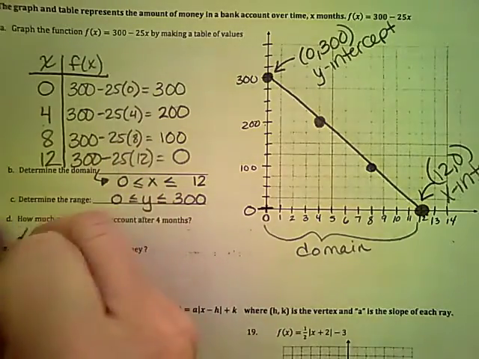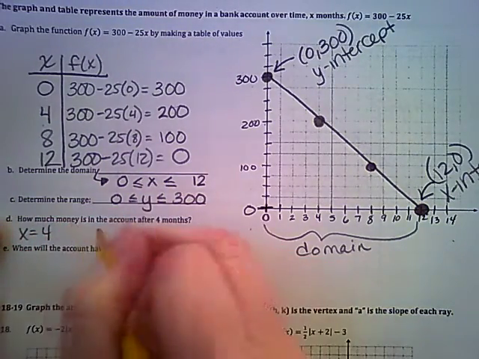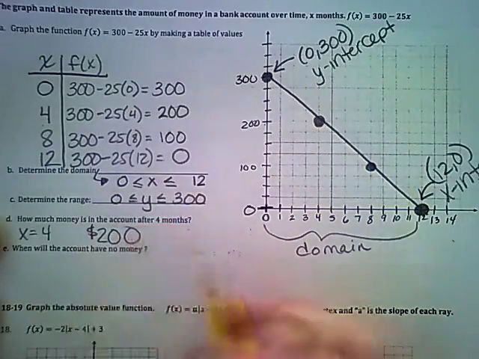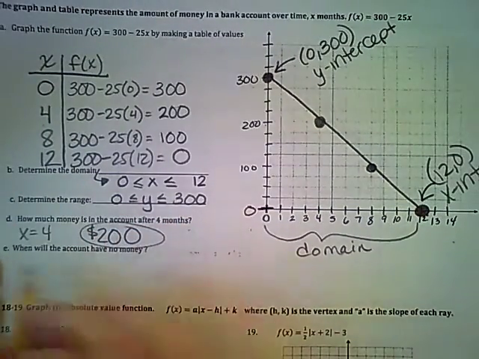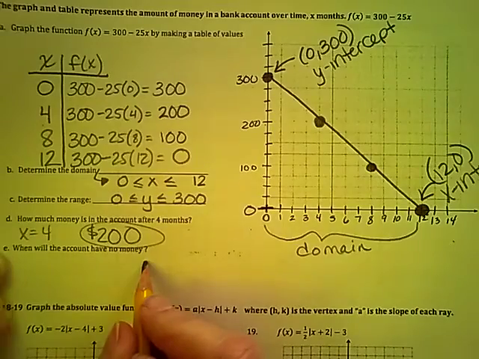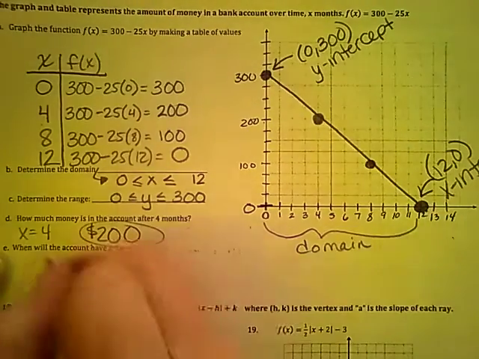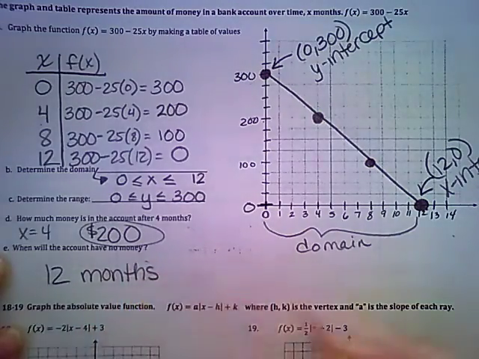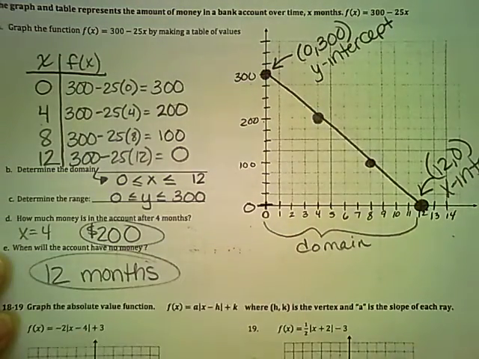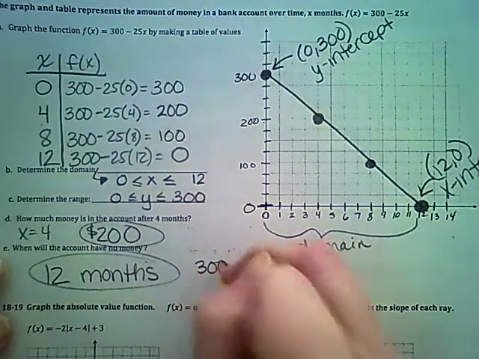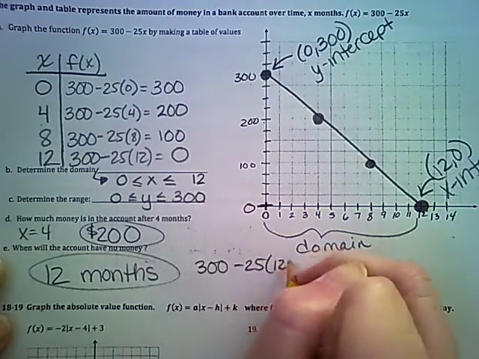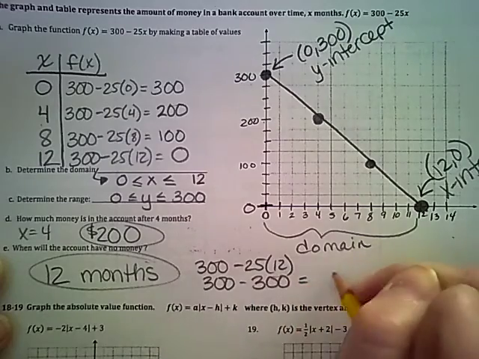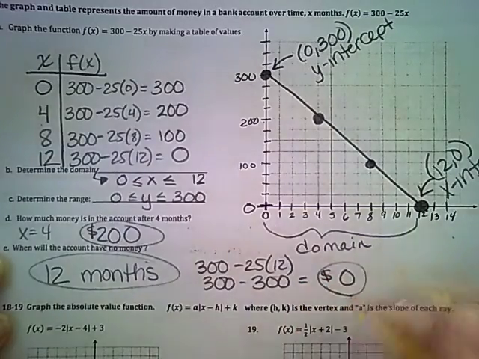When x is 4, your output is $200. When will the account have no money? Oh, we did that too. Good. 12 months. Because 300 minus 25 times 12, 300 minus 300 equals $0.